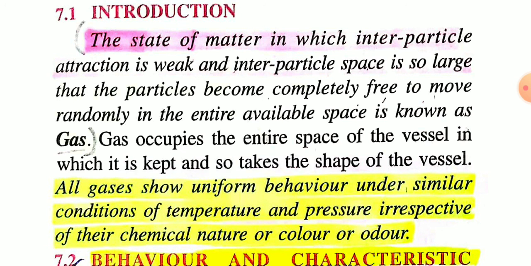As the interparticular force of attraction is very weak and interparticle space is very large, the gas molecules or particles become completely free to move randomly in the entire available space.